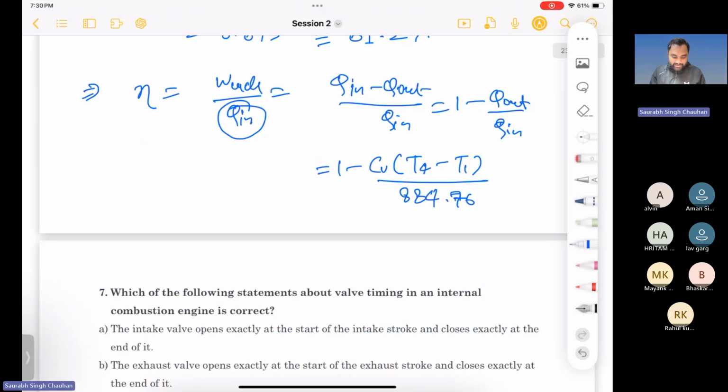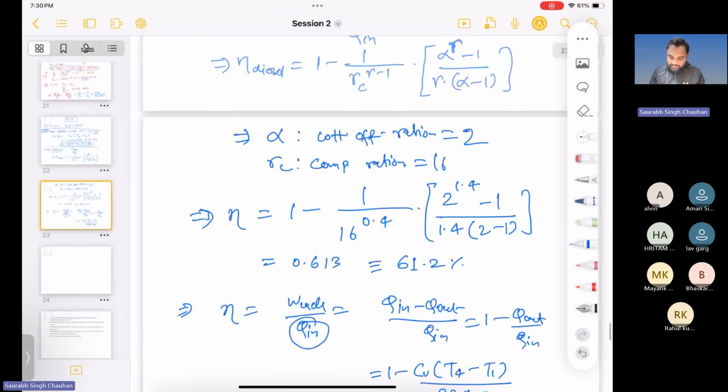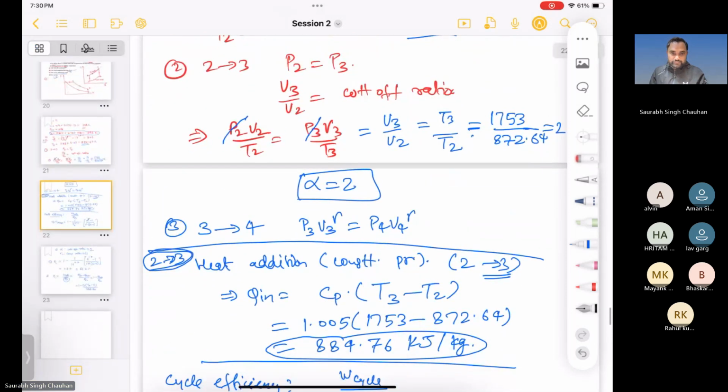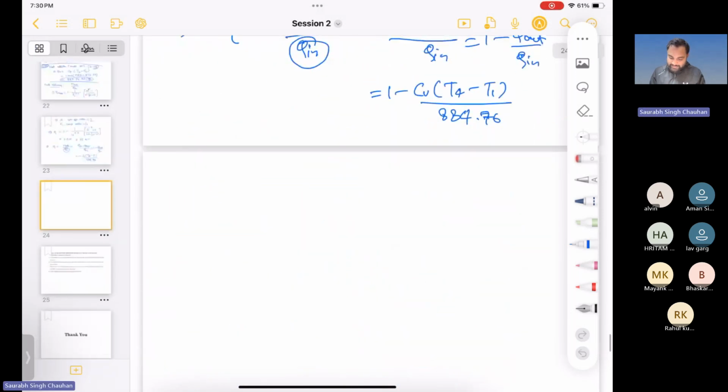T4 we already have, right? T4 you can find from process 3 to 4. 3 to 4 is an isentropic process, so from there you can find T4.